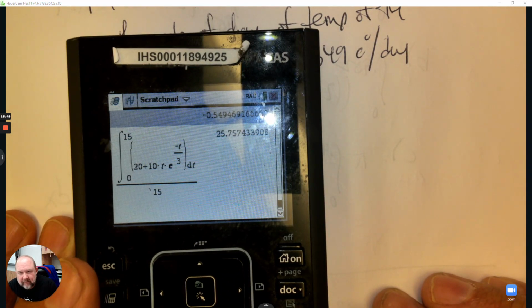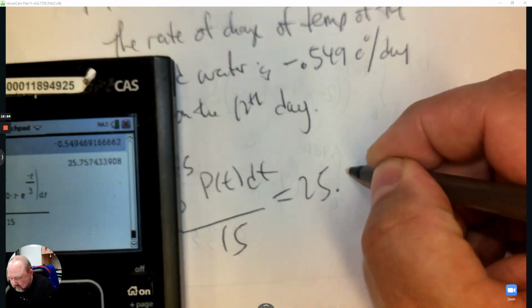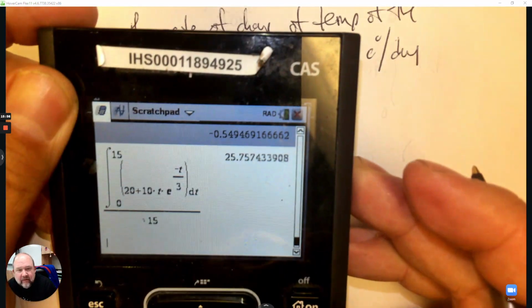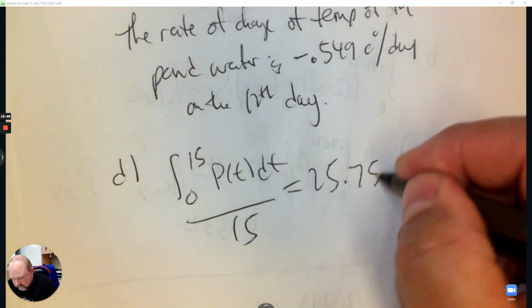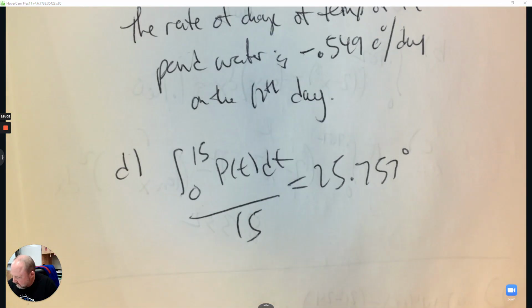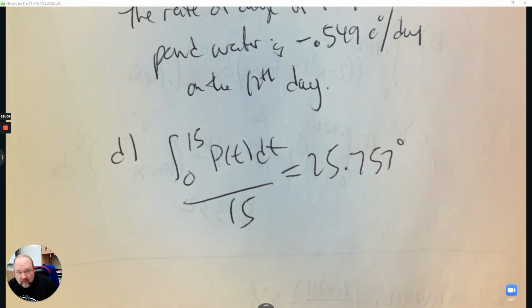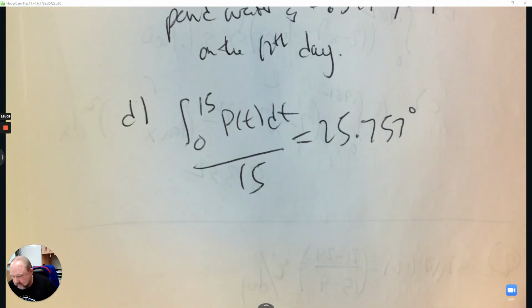Did I type it in right? I think so. So it's 25.757. That's the average temperature, taking all the data over those 15 days.